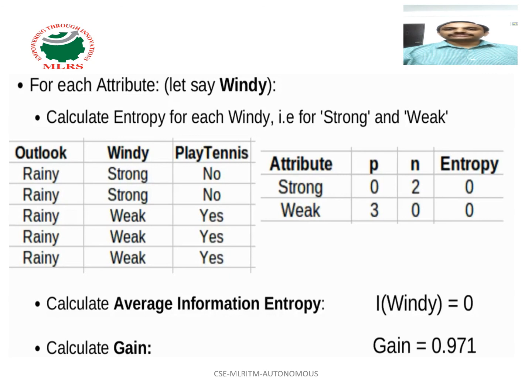Depending on those, the average information entropy value came out as 0. So the total information gain of the windy attribute with respect to the entropy of S rainy is 0.971.